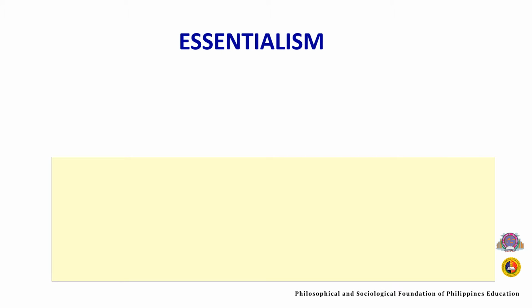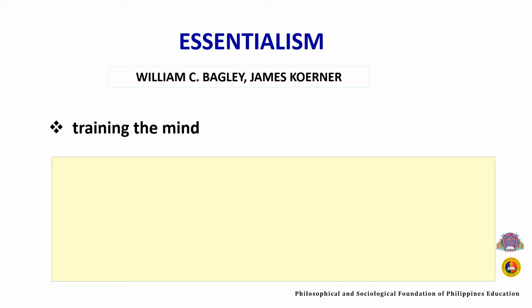What is Essentialism? Essentialism was developed by William C. Bagley and James Koerner. This philosophy advocates training the mind in what is essential. Essentialist educators focus on transmitting a series of progressively difficult topics and promotion of students to the next level.